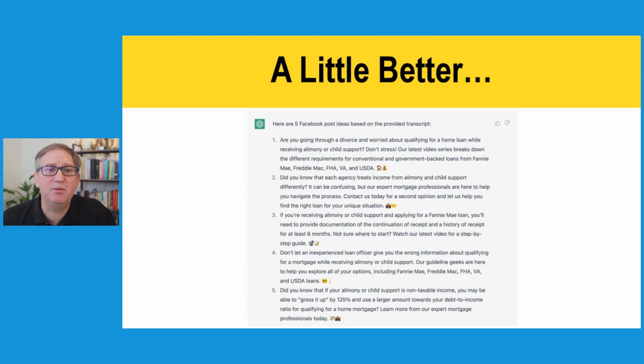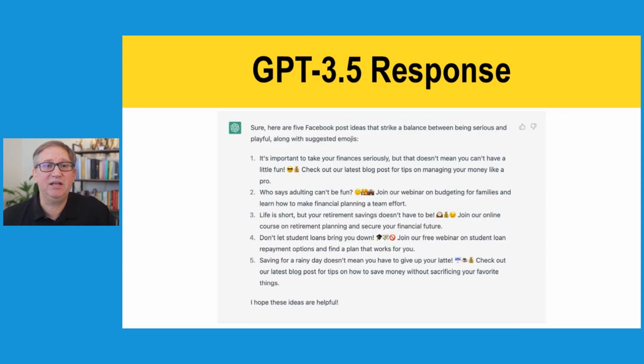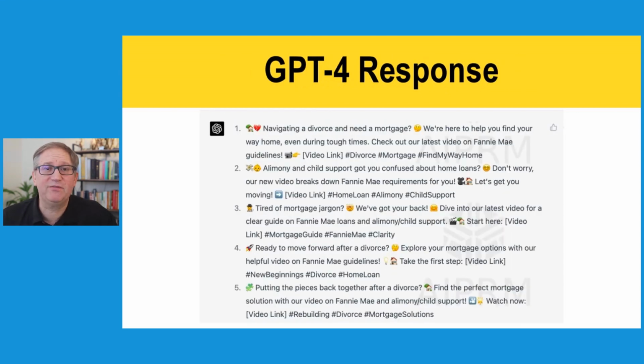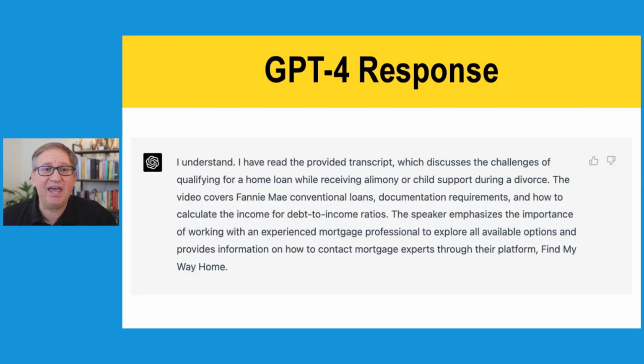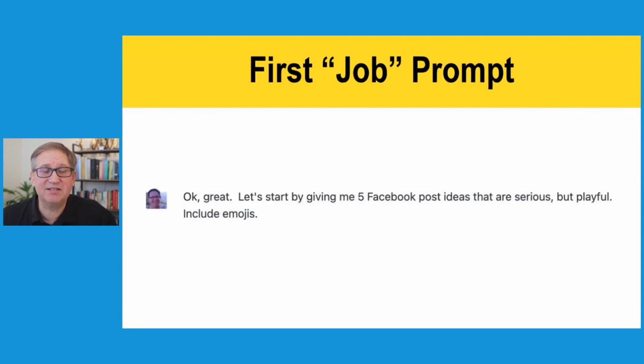I would probably use 2 or 3 of these posts. The hooks are better. The focus is actually even a little bit better. But man, oh man, that difference between 4 right out of the gate and 4 giving you a response like this.